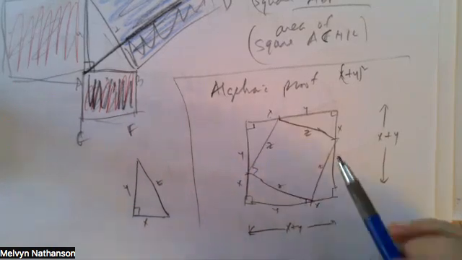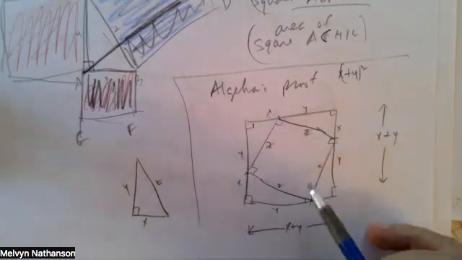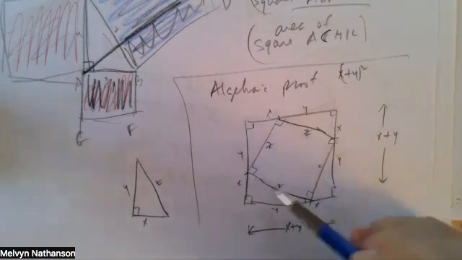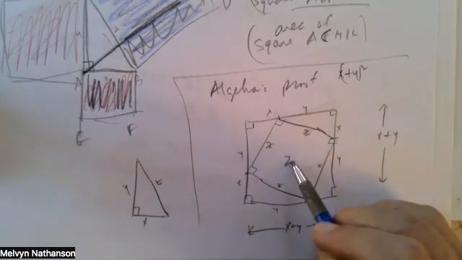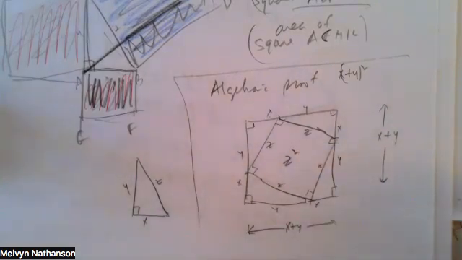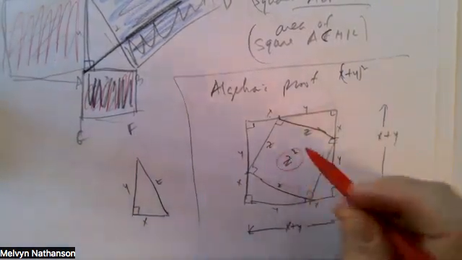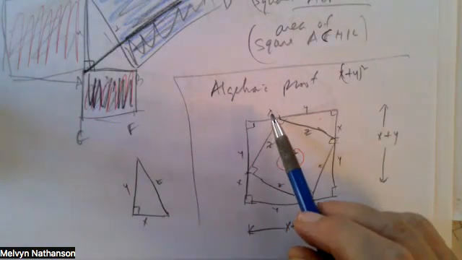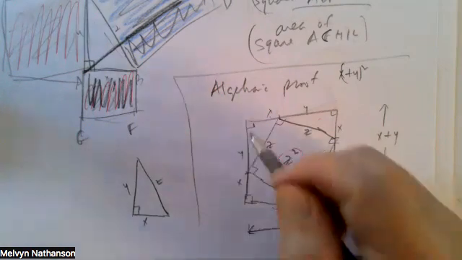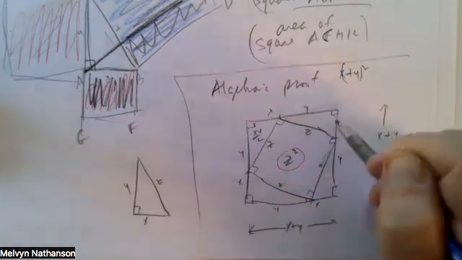And these are right angles. So the square in the center of side Z has area Z squared. And each of these triangles, it's a right triangle, base X, height Y. Each of these triangles has area XY over 2.